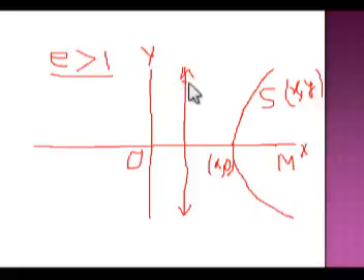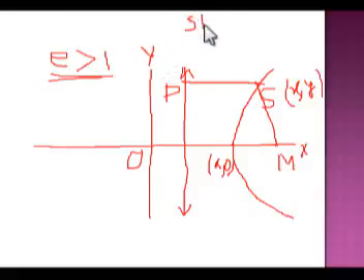There is a perpendicular SP. SP is less than SM, meaning SM is greater than SP. This is the condition of eccentricity: SM must be greater than SP, then we will get eccentricity greater than 1.